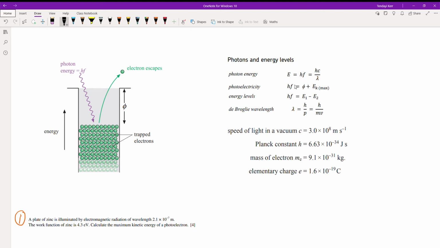So a particular voltage is applied, so the EK max can be written as half mv squared, or it can be written as q times V, so the charge of the electron multiplied by the stopping potential. So just be aware that this term can be written in these two forms.